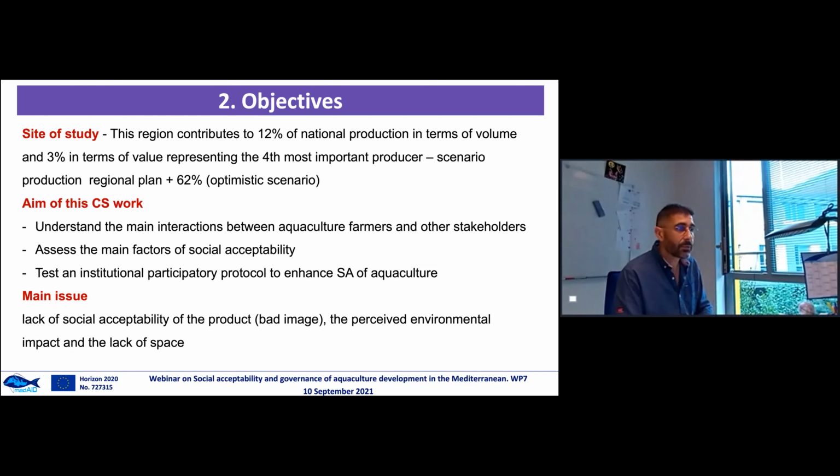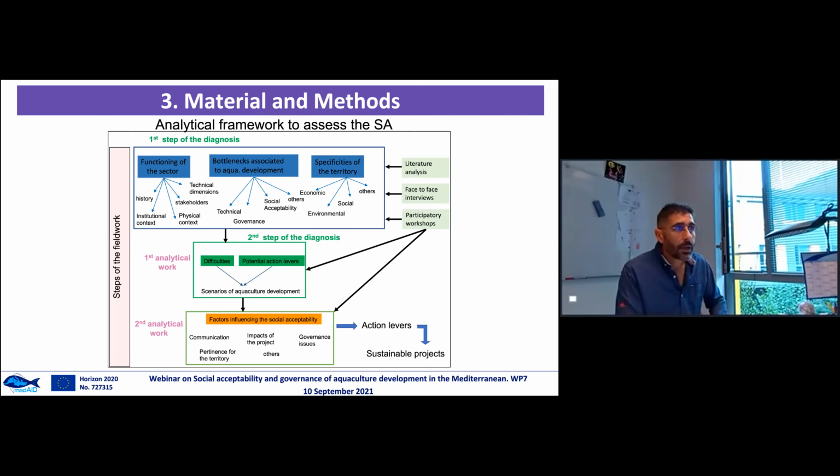And this within a context in which the aquaculture product has a very bad image. And also, there is a general perception that aquaculture produces a lot of environmental impact and that it competes on the use of coastal areas.